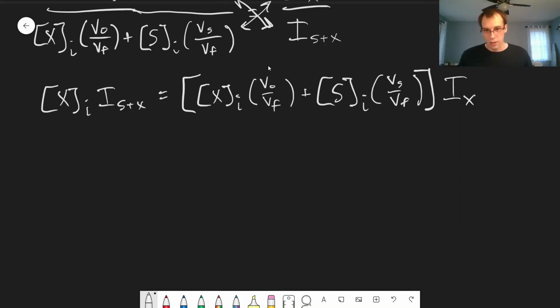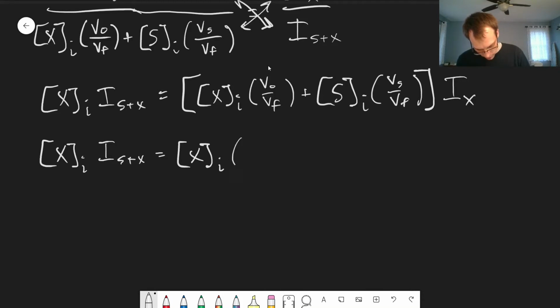Now our goal is to simplify this. On the left-hand side of the equation, we'll keep that the same. That's already pretty simple, just two things multiplied by each other. Then we'll distribute the Ix in both terms on the right-hand side of the equation.